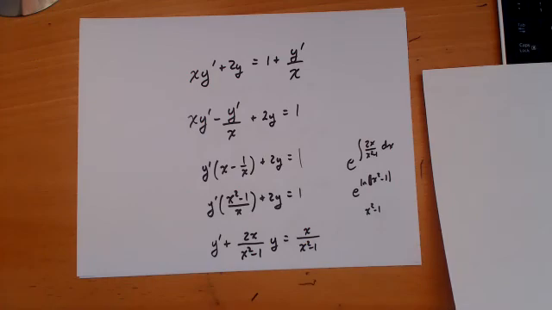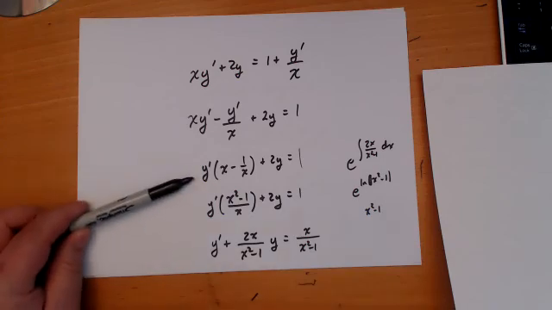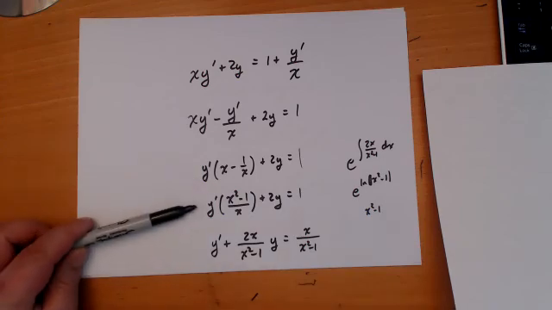Wait, hold on. I'm a little confused here. Okay, what can I help you with? So y prime times quantity x minus, oh no, sorry, from the step below, from y prime, the step below that, how do you get from there to there?